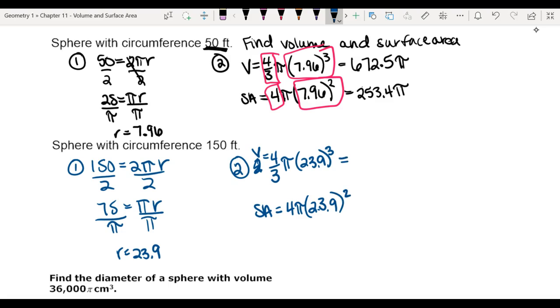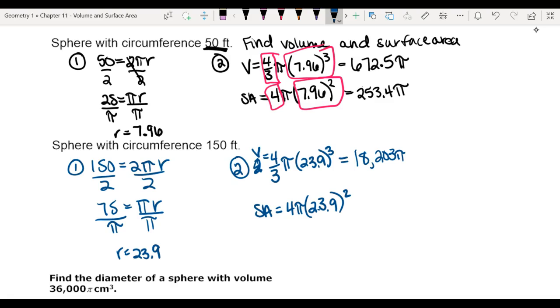Okay, so for your volume, you get approximately 18,203 pi. Okay, so if you're within 100 of that, if you're anywhere between 18,103 and 18,303, you're close, okay?